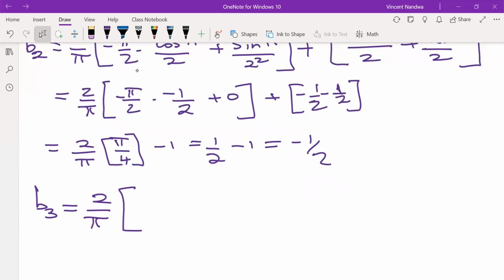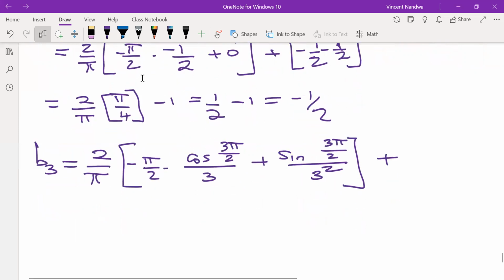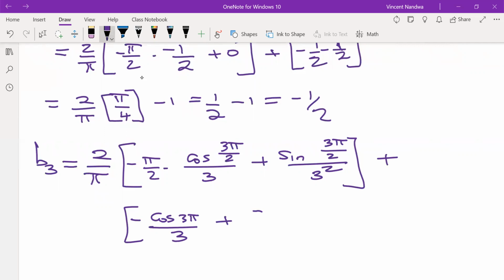So 2 over pi times minus pi over 2 times cosine of 3 pi over 2 divided by 3, plus sine of 3 pi over 2 divided by 3 squared, plus minus cosine of 3 pi divided by 3 plus cosine of 3 pi over 2 divided by 3.